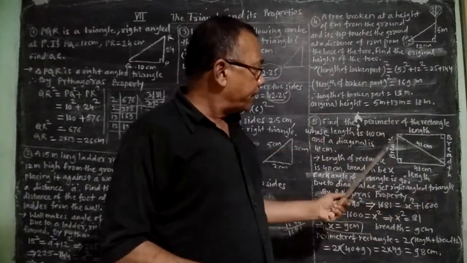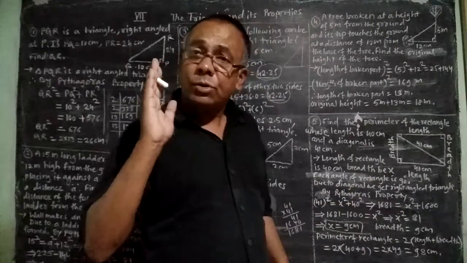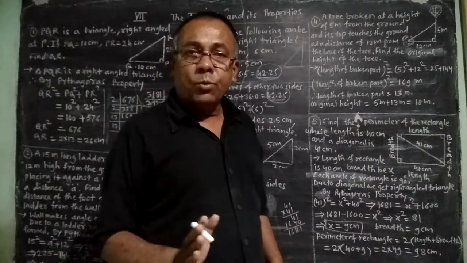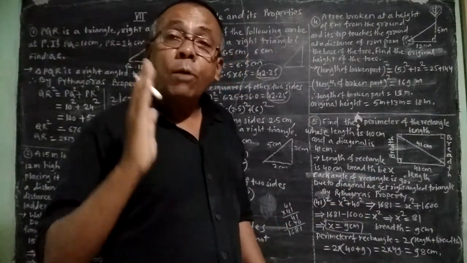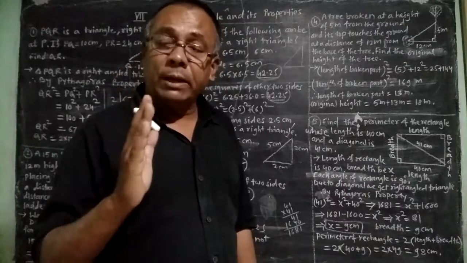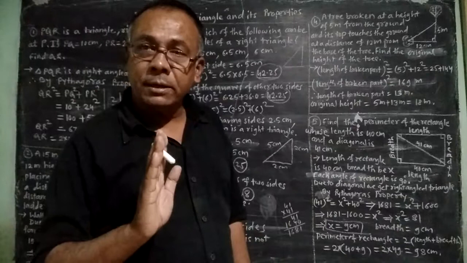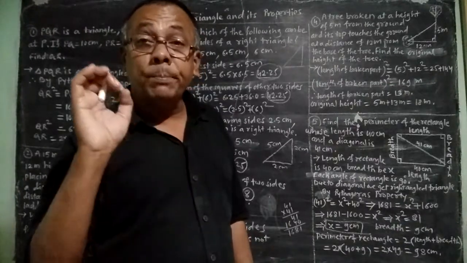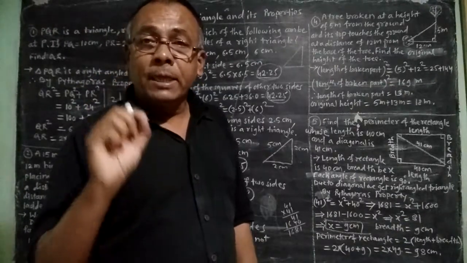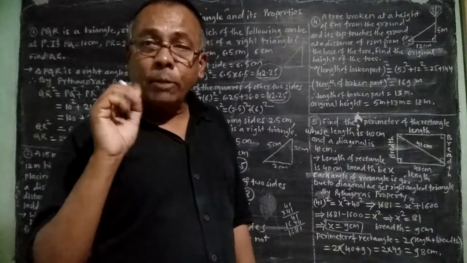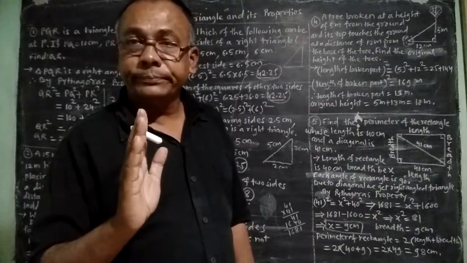Now both the breadths are also equal. Now the diagonals of the rectangle are also equal, but we have to consider here only one diagonal. And very important part is that each and every angle of the rectangle is 90 degree.